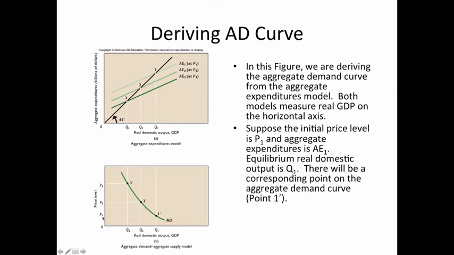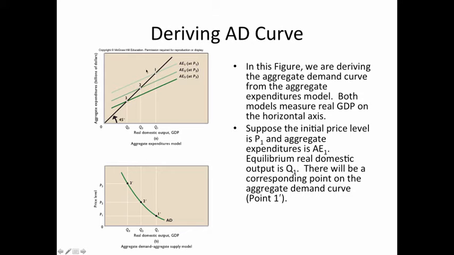So out there in the economy, we have just this P1 general price level. Based on this price level, we'll be spending, collectively, C, I, G, and XN, some level of expenditures. This is depicted by this top aggregate expenditures line, AE1 at P1.